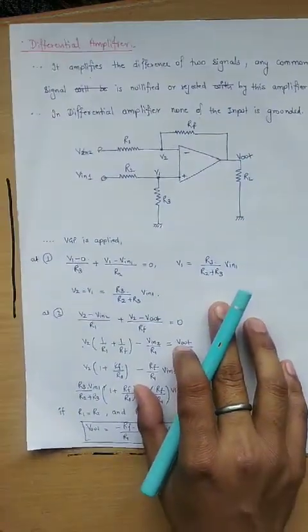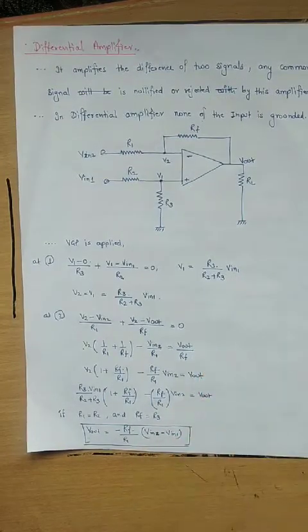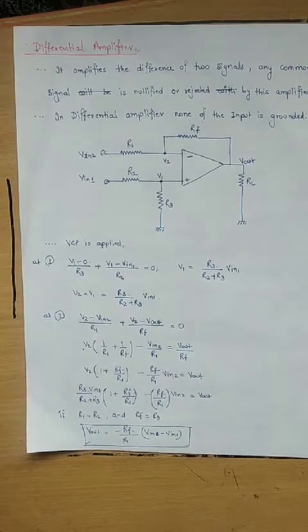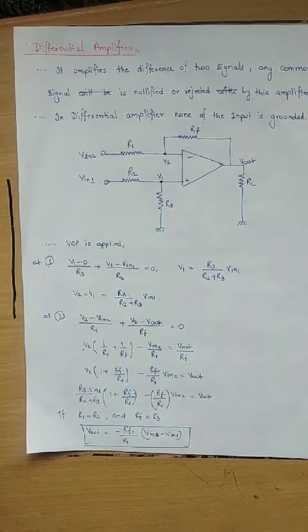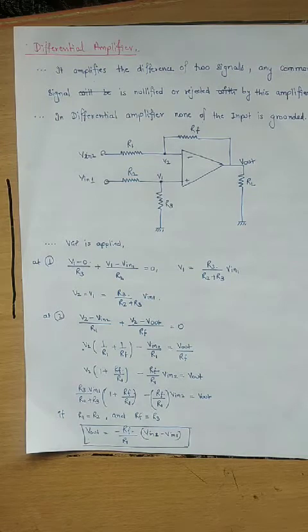And let us see one more very good example, that is called the differential amplifier. The differential amplifier and the circuit of the subtractor are almost the same, but there is a difference.